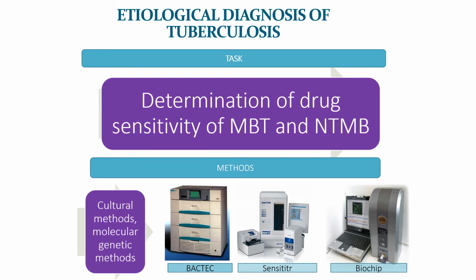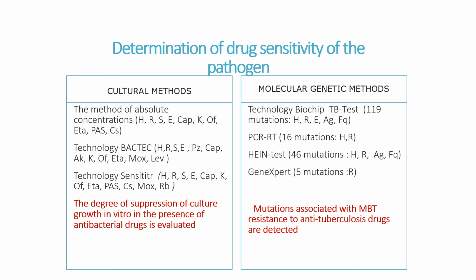The next step of etiological diagnosis of tuberculosis is determination of drug sensitivity of MBT and anti-MB. Anti-MB is non-tuberculous mycobacterial infection. Determination of drug sensitivity of the pathogen, cultural methods: the method of absolute concentration, technology Bactec, and technology Sensititre.